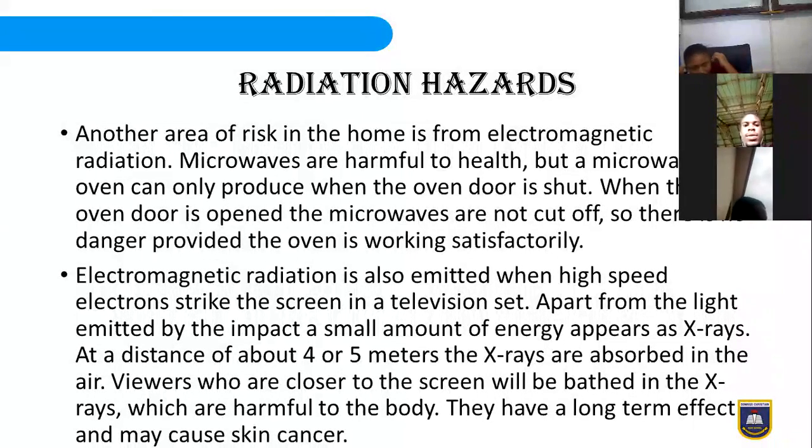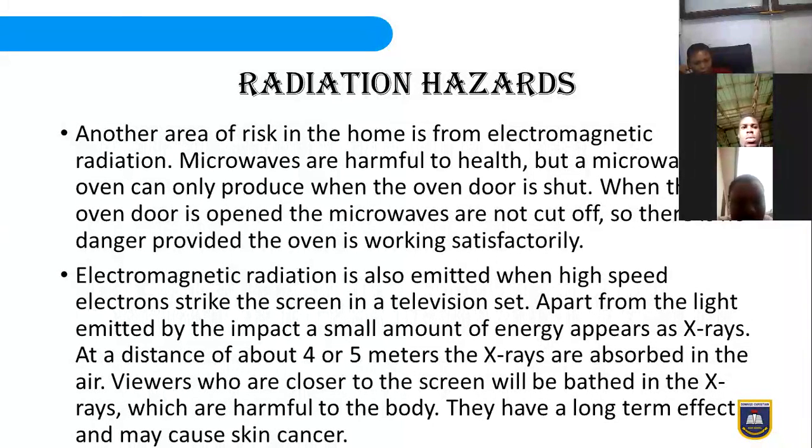Okay. Yes. One other accident that we didn't talk about last time is radiation hazard, and it's another area of risks in the home that has to do with magnetic radiation and mostly microwaves. They will be harmful only when the oven is producing that radiation.